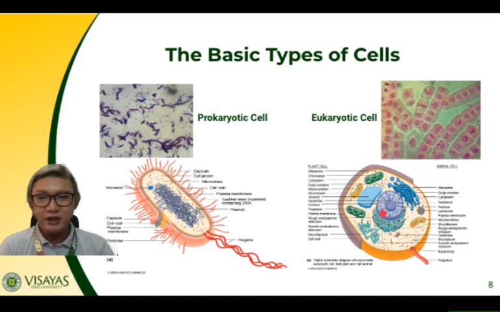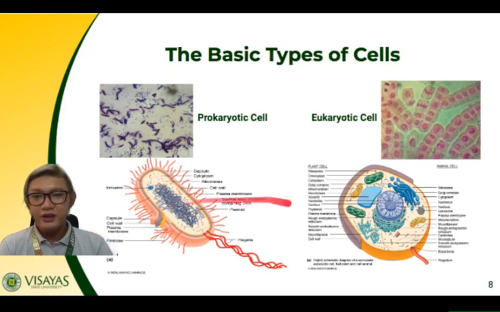While in prokaryotic cells, the genetic material is not enclosed by a membrane, so it is not distinct from the rest of the cellular materials.